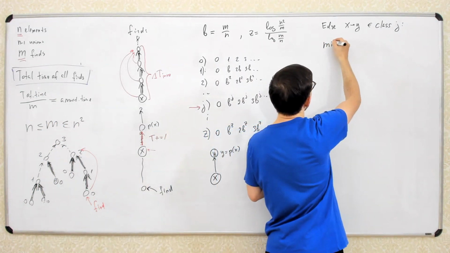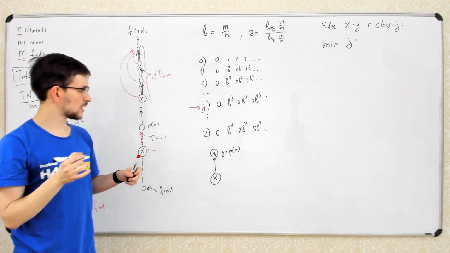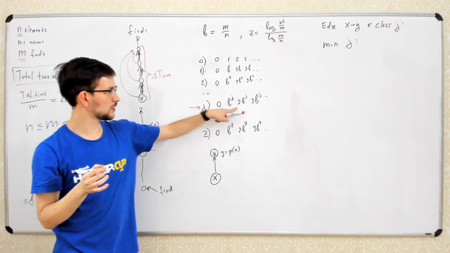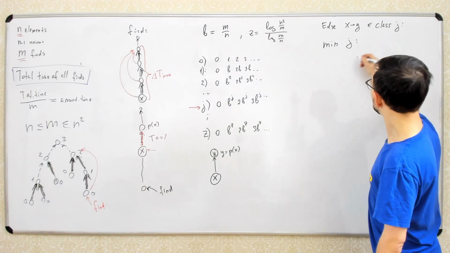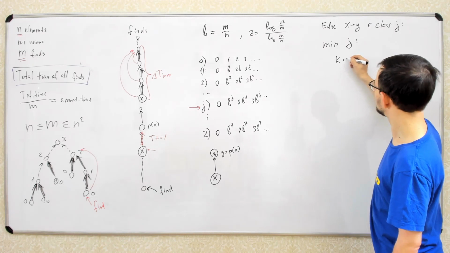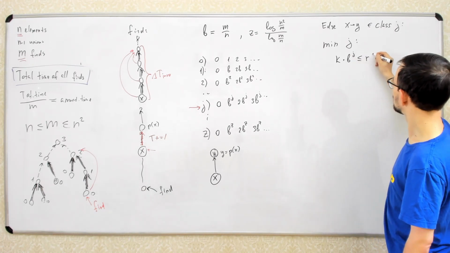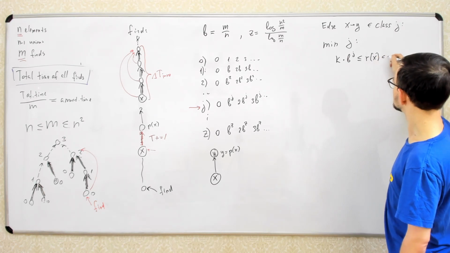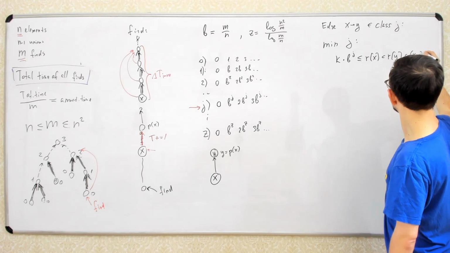So it is the minimal j such that these two ranks may be fit between these two values. So it's k multiplied by b in power j is less or equal than rank of x, less than rank of y, less or equal than k plus 1 times b power j.